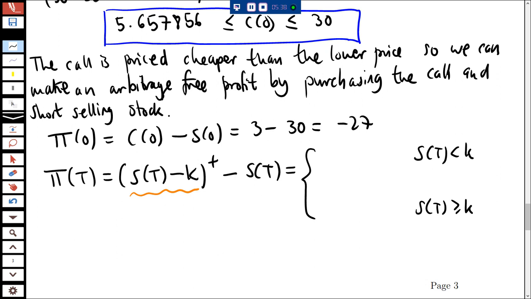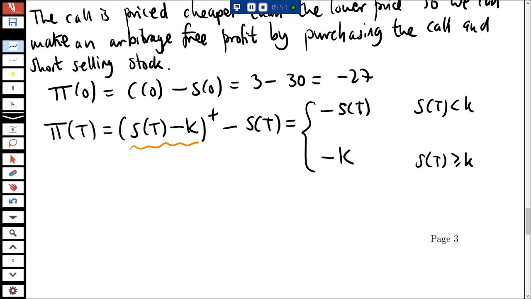So if it's less than K, it's 0, take away S_T, and if it's bigger than K, then S_T take away K minus S_T, the S_T's cancel, giving negative K. There's another way we can write this.